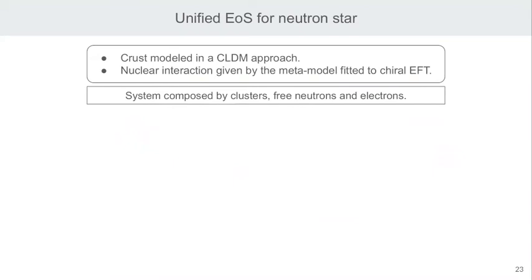Okay, so now that I analyzed the nuclear physics involved in this difference in the Skyrme predictions, Skyrme and CLDM predictions, I'll go to the neutron star. So this is modeling this CLDM approach for this clusterized phase. The nuclear interaction is given by the Meta-model fitted to CLDM. So in the inner crust, where it's the most complex, we have a system composed of clusters, free neutrons and electrons.